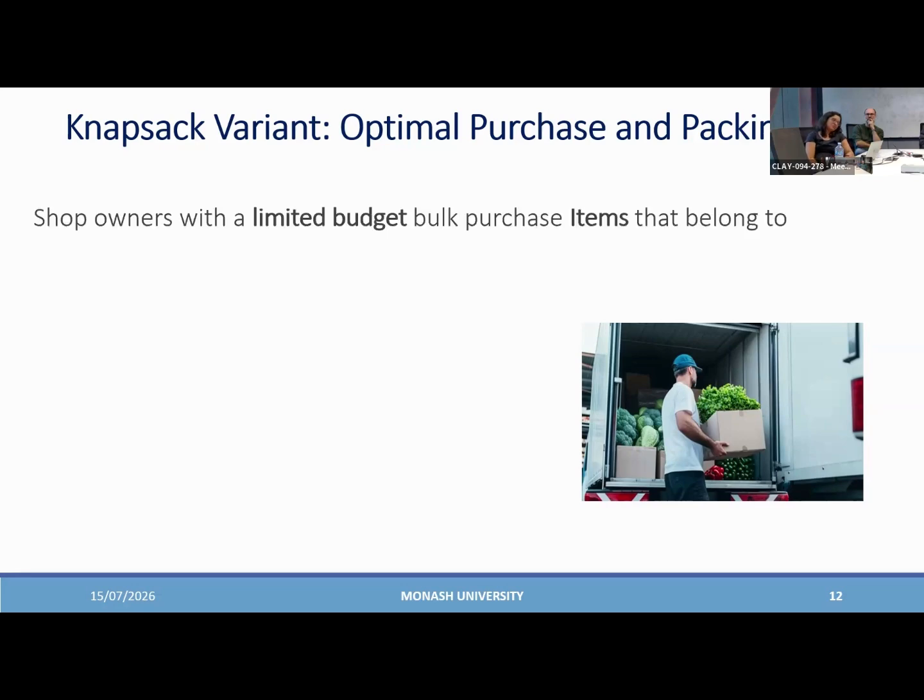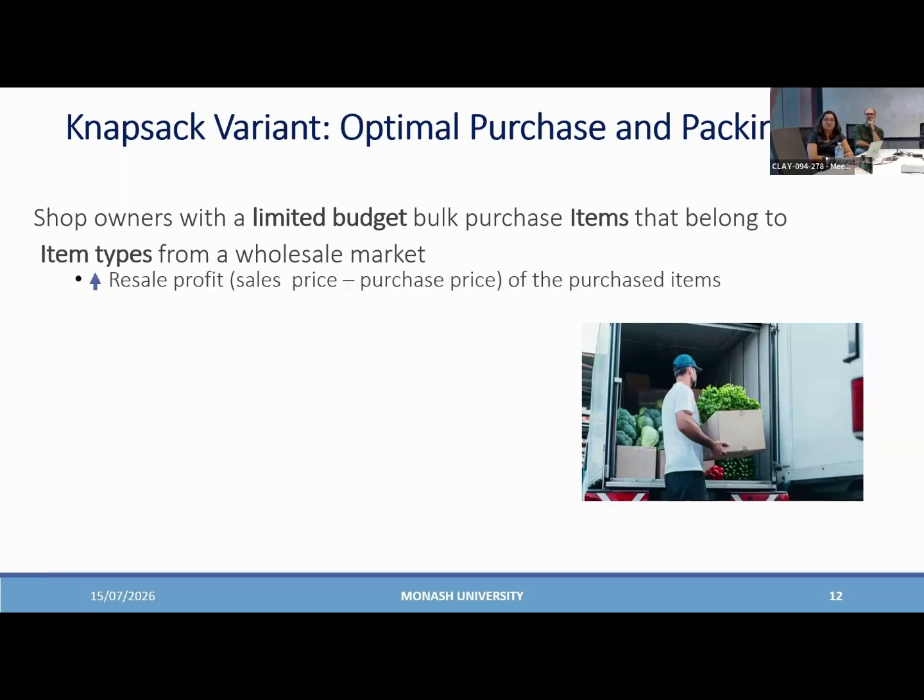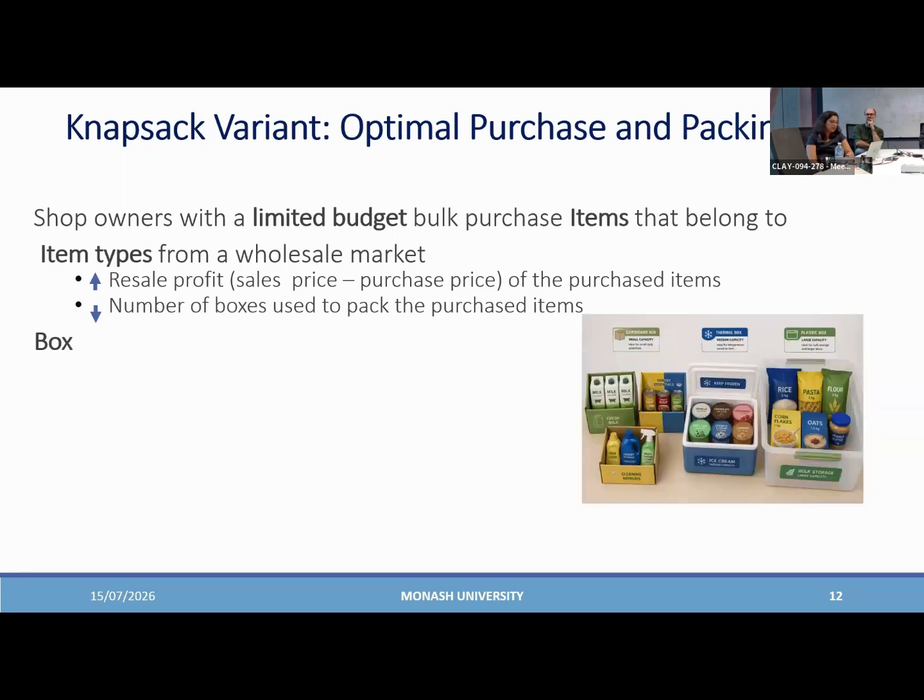Suppose there are some shop owners with a limited budget who want to bulk purchase items that belong to a certain item type from a wholesale market. And the overall idea is to maximize the resale profit and minimize the number of boxes used to pack these purchased items. And the boxes used can be single colored or multicolored.